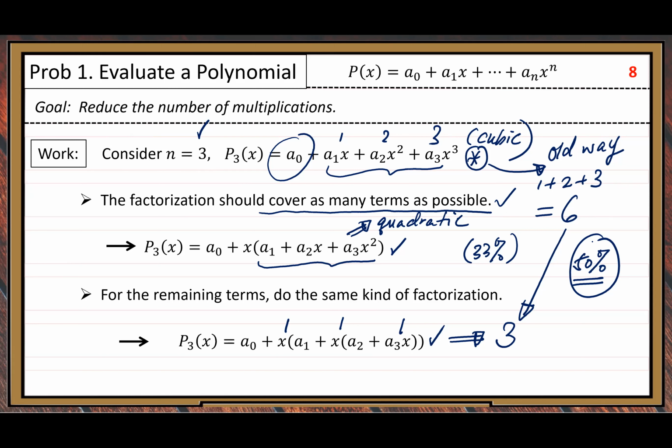So you can imagine when n becomes larger and larger, the reduction percentage should be larger and larger, right? The larger, the better for us. Larger means we do improvement more and more.